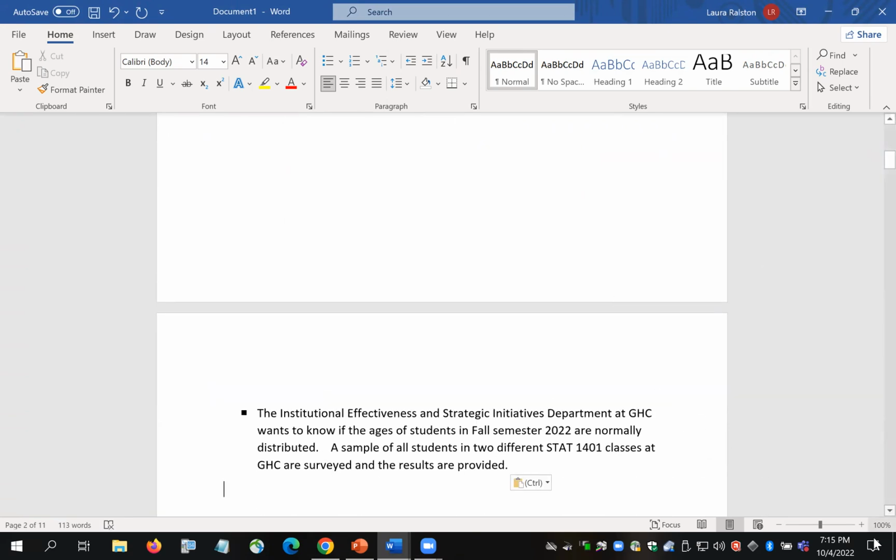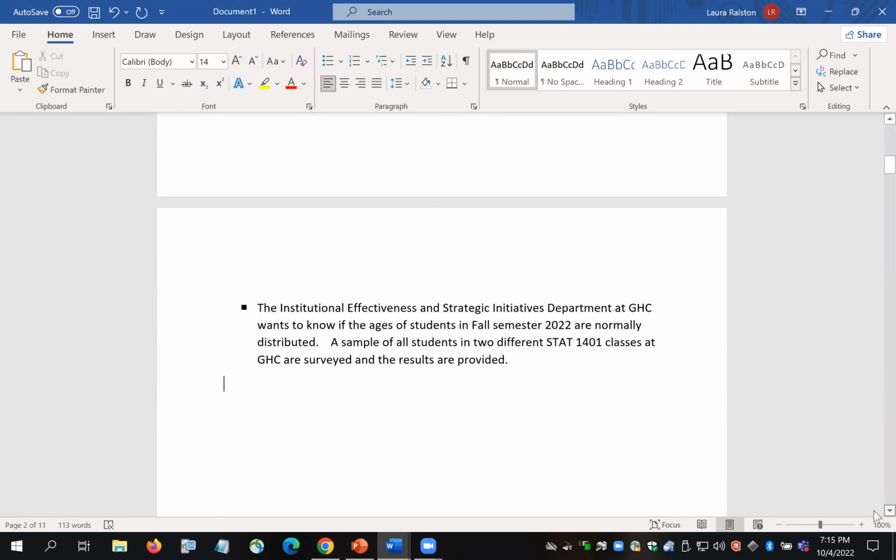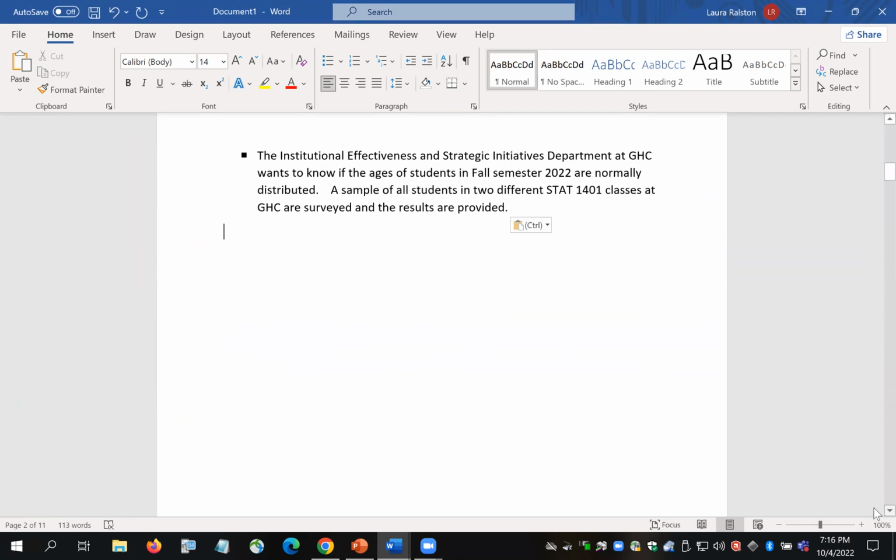Now, it says, the Institutional Effectiveness and Strategic Initiatives Department at Georgia Highlands College wants to know if the ages of students in fall semester 2022 are normally distributed. A sample of all students in 2 different Stat 1401 classes at GHC are surveyed and the results are provided.